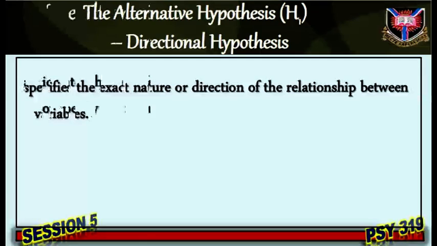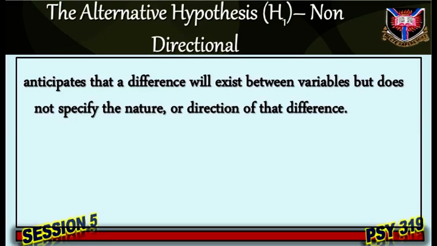A non-directional hypothesis anticipates that a difference will exist between variables but does not specify the nature or direction of that difference. In other words, a non-directional hypothesis only specifies that there will be a difference between two variables or groups, but does not state which group will be higher on the dependent variable than the other.